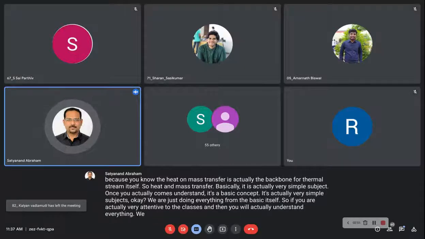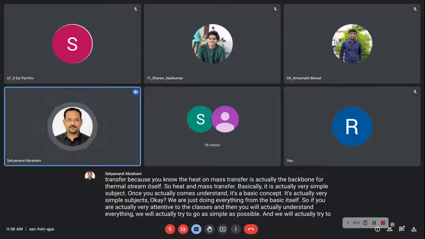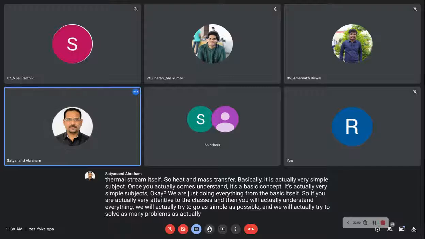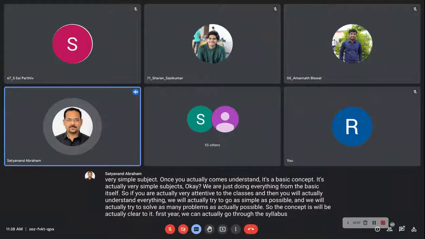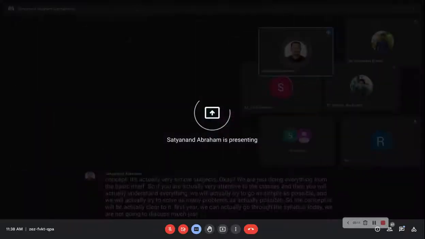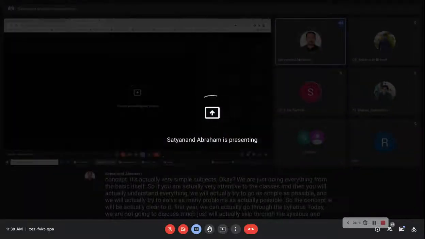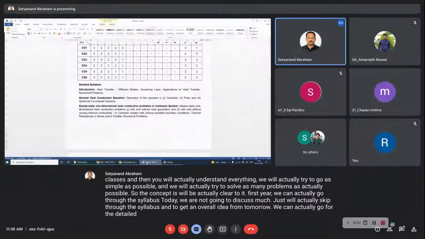We will try to go as simple as possible, and we will try to solve as many problems as possible, so the concepts will be clear to you. First, we can go through the syllabus. Today, we are not going to discuss much. We will just skim through the syllabus to get an overall idea. From tomorrow, we can go for the detailed studies.